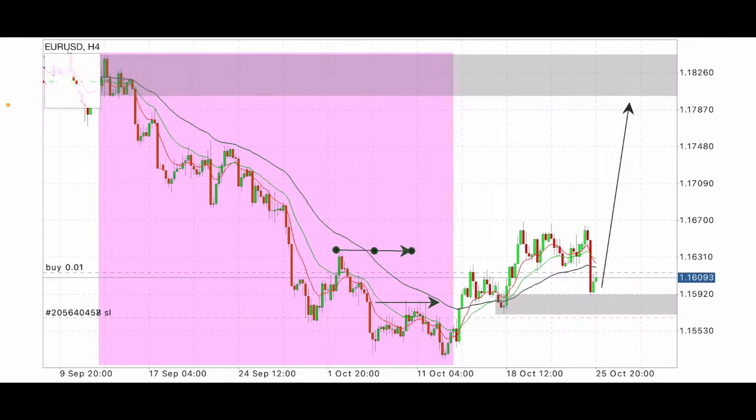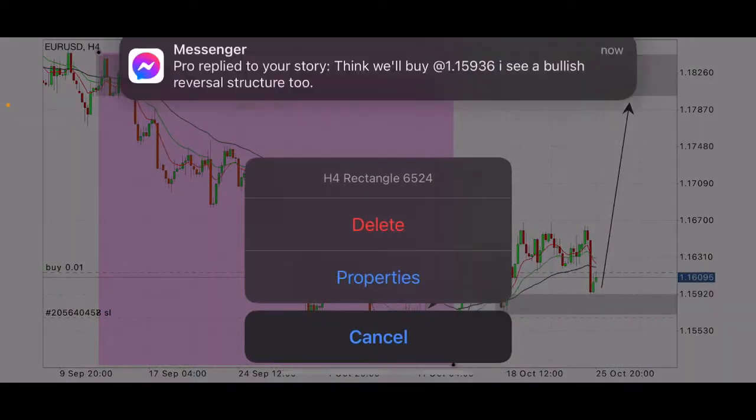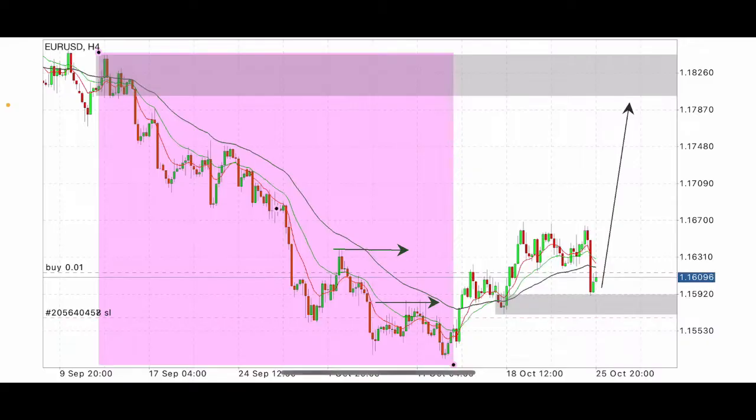Basically, you need to understand that that's how price moves in different stages of the market. Like I said, this pink area right here represents a downtrend because, as we can see, there are lower highs and lower lows, right? Okay, now that we agree on that.